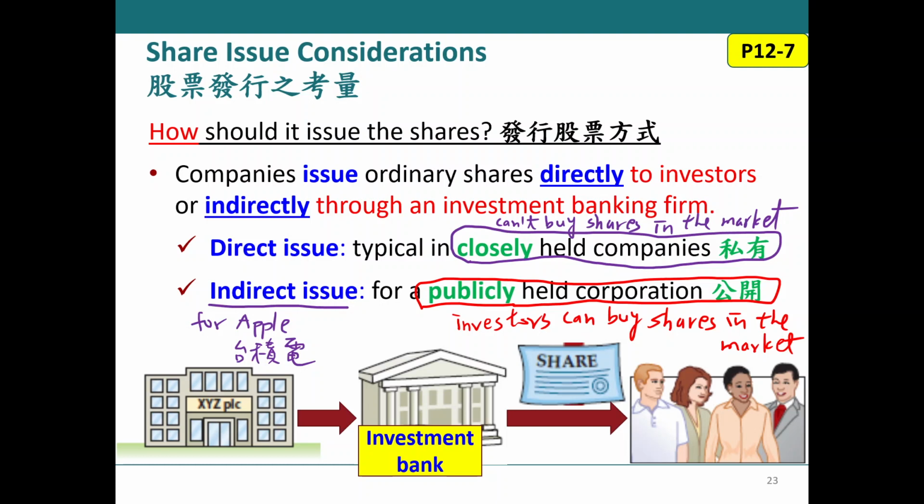So in the future, if you want to do a finance job, you could be on the company side right here, or you could be on the market side in the bank. Okay, depends on you. So you can work for the company or work for the bank. You should understand these are totally different sides, so you have to think about the shares and the market from a different point of view.